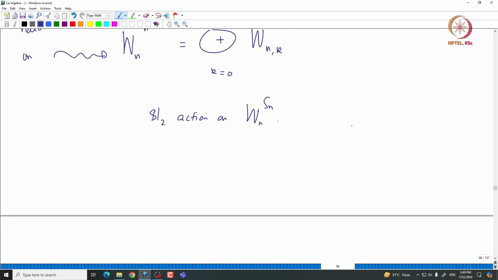So, the H action has the weights 2k - n choose 2, for k greater than or equal to 0. This is the immediate thing.